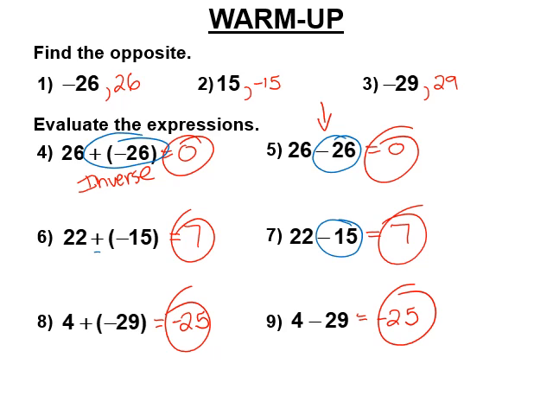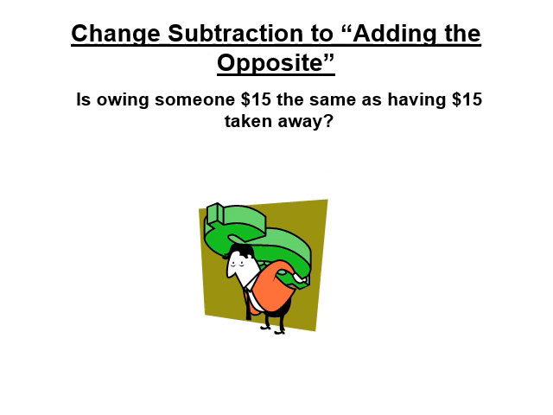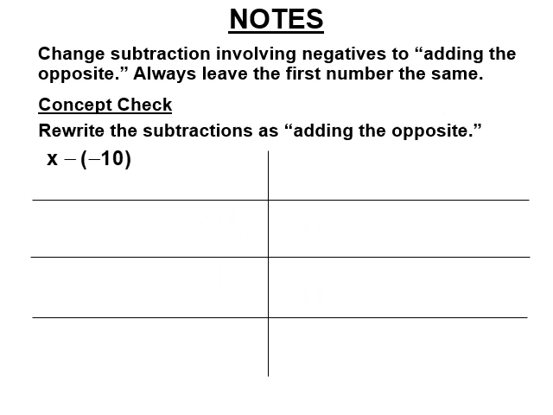Subtracting 15, same as adding negative 15. Subtracting 29, always the same as adding negative 29. So owing someone 15 is the same as having 15 taken away. And we'll talk about that.